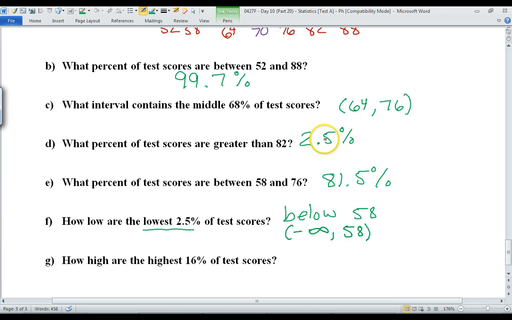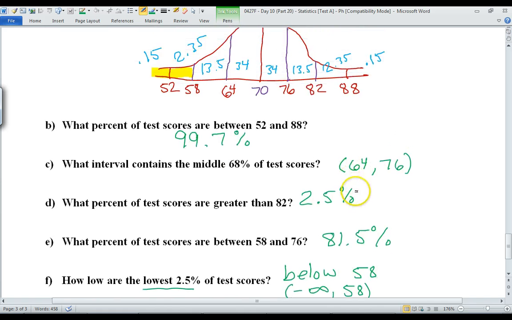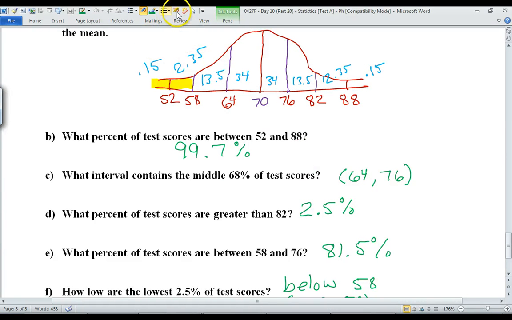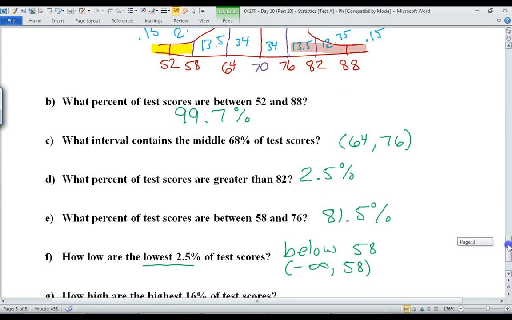You always have to go from lowest to greatest, so it would have to be negative infinity to 58 in that order. Okay? So they said the highest 16%. When I'm talking about the 16%, how many zones am I talking about? 3 zones. It takes 3 zones to make 16%. So the top 3 zones will be the top 16%. So tell me the answer. What will I say?